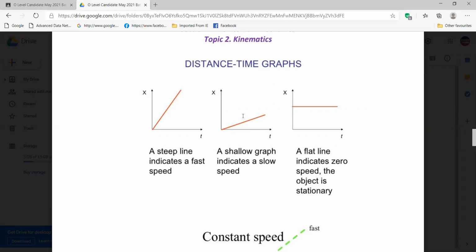Here the gradient is less, it is less steep, so it's a smaller constant speed. And this one is stationary, right? Yes, sir. Here we say speed is zero, or the object is stopped, object is at rest.